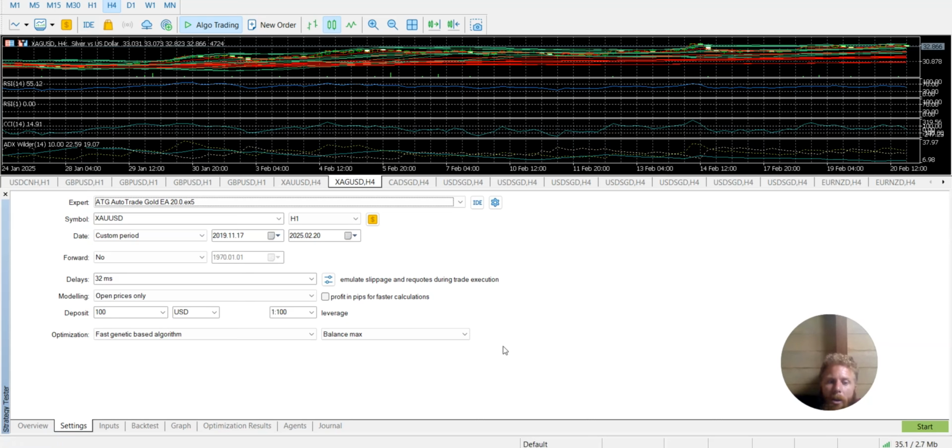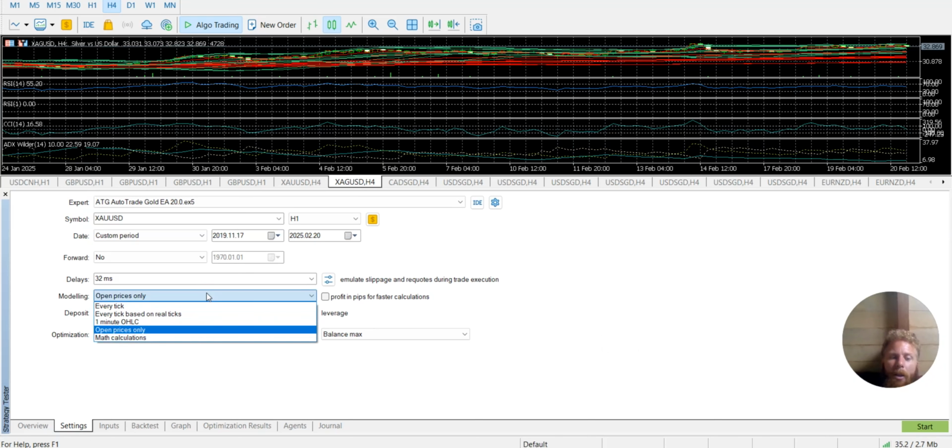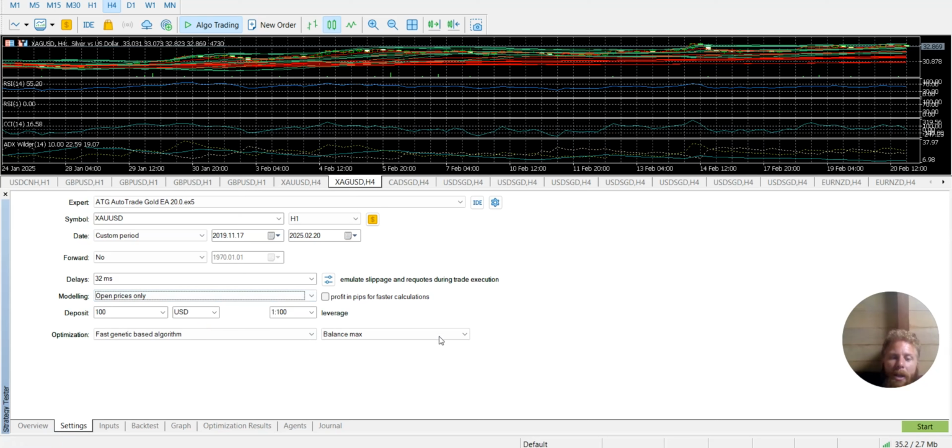So first of all, I coded all my EAs in a way, and I spent years on it actually, so they are very close in everything based on real ticks, and open price only data. Why is it important?